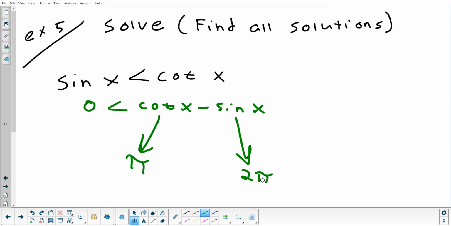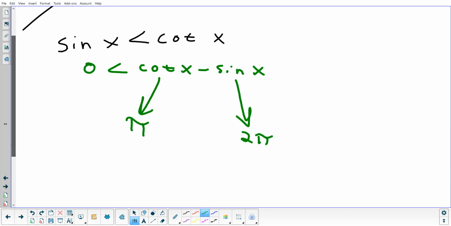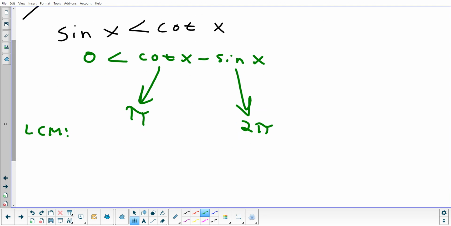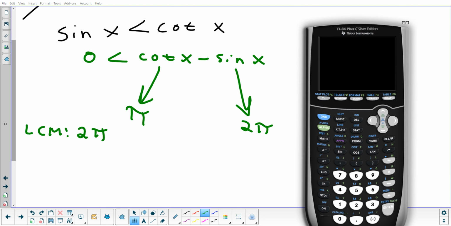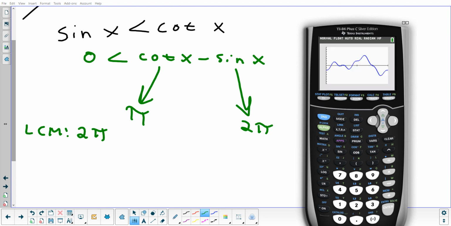In this case, b again is just 1. We did do an example where b wasn't 1. A lot of times it is 1. Least common multiple, 2 pi and pi is 2 pi. Okay, so that tells me how to set my window. So let's check that. Window looks good.